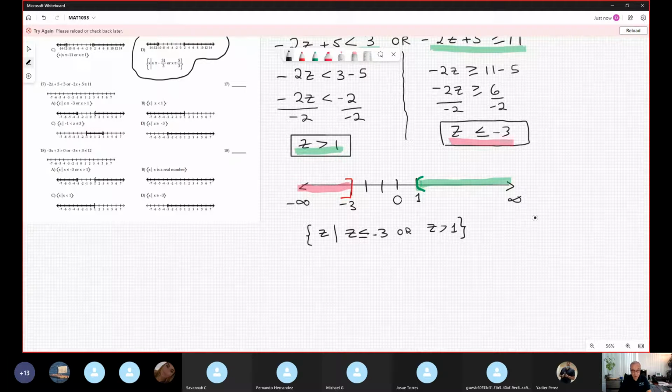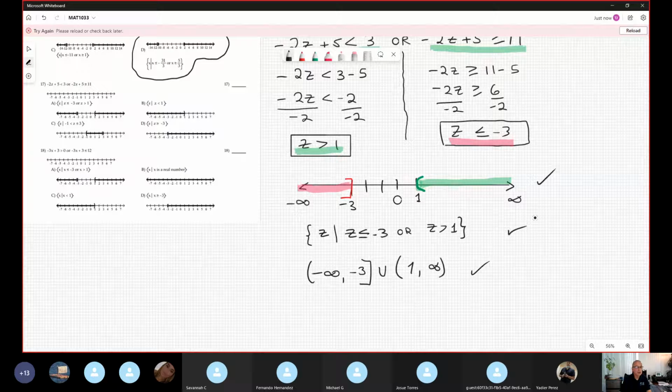The red piece is from negative infinity comma negative 3 bracket, union, parenthesis 1 comma infinity. Remember, this is graphically, set builder notation and interval notation. Let me see which option matches here. I suppose it is A.